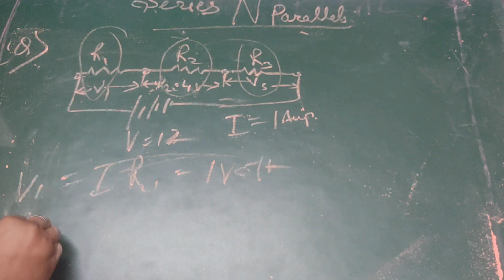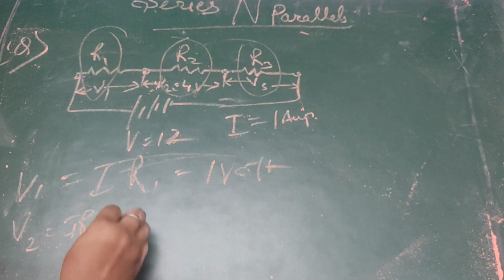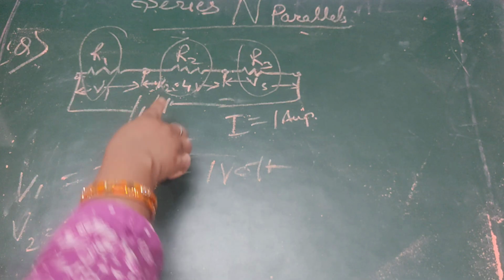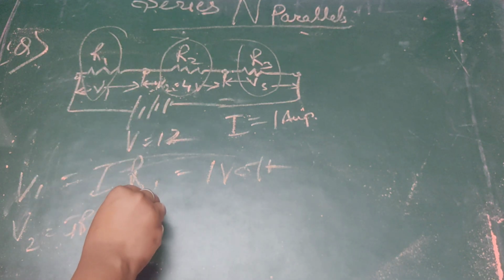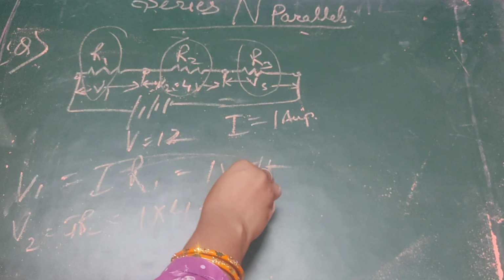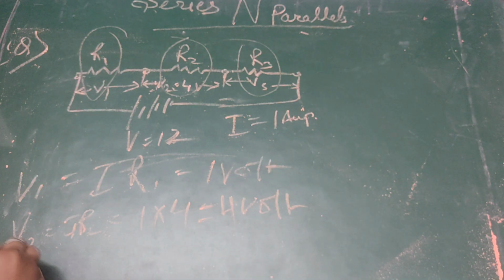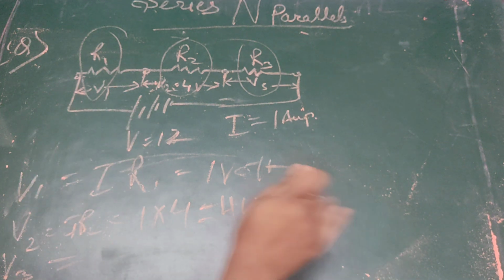Now V2: R2 has 4 volt, so directly it will come 4 volt only. V3, here is the main part.